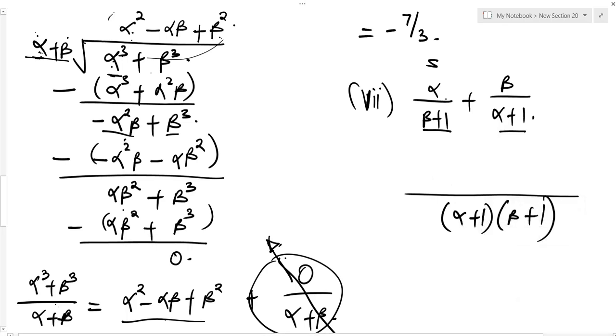Alpha plus 1 times this, you have alpha times alpha plus 1. Now if you divide the LCM by alpha plus 1, you will now be left with beta plus 1. So you have plus beta times beta plus 1.